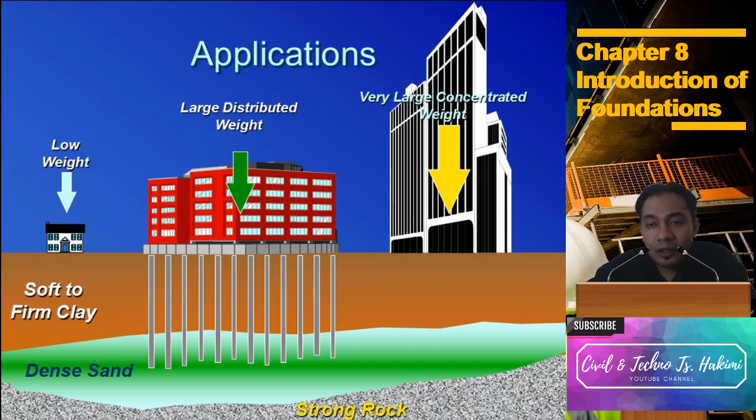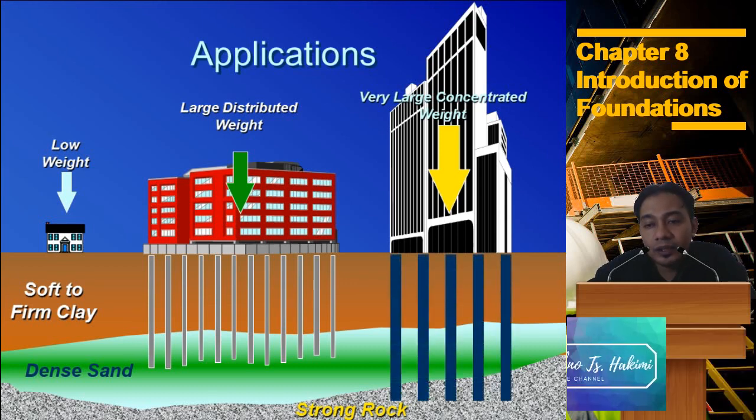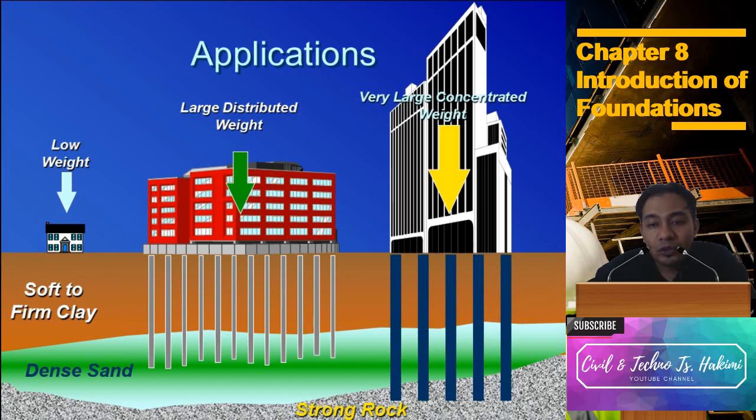For a very concentrated weight building, we also need to use a deep foundation, but the foundation should rest on the strong rock. For this system, what we call is an end bearing pile. This is the end bearing pile, and this is the friction pile.